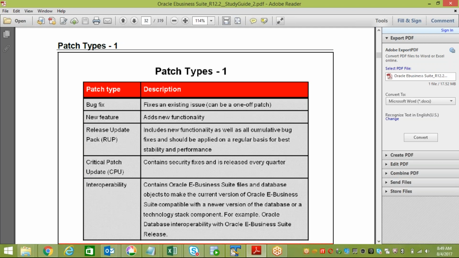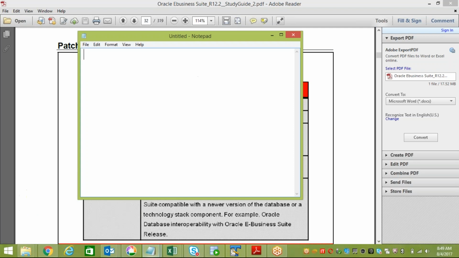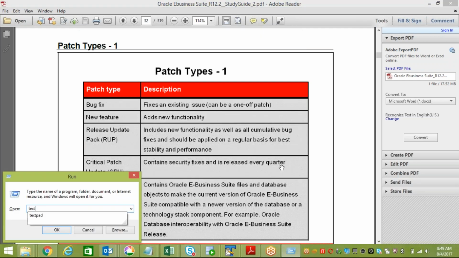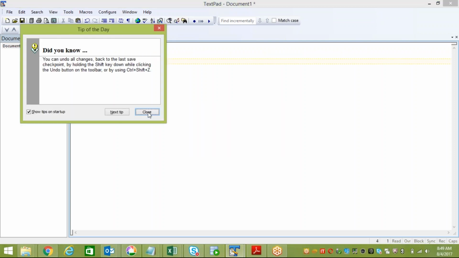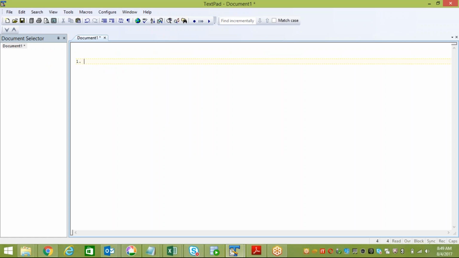Here, at the top level, there are different types of patches. One is the OS patch, the second is the application patch, and the third is the database patch.